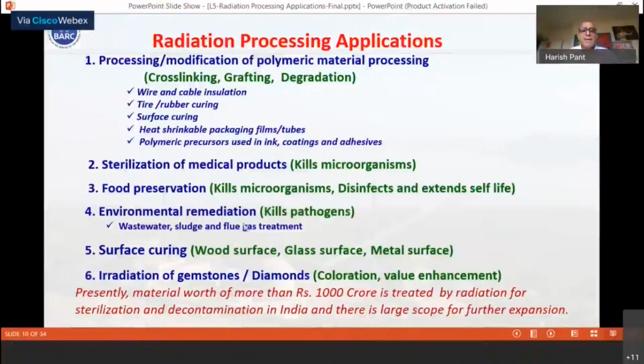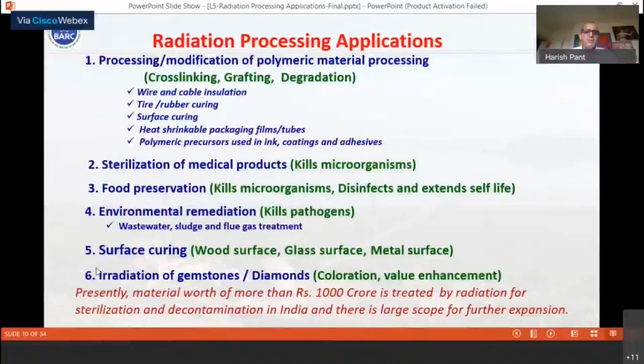Then it is environmental remediation. Again, it kills the pathogens, as in wastewater treatment, sludge irradiation, and flue gas treatment. There are three main environmental applications of the radiation processing technology. Then surface curing of wood surfaces, glass surfaces, metal surfaces, just to strengthen or to make the surface smooth or to improve the property of the surfaces of the material.